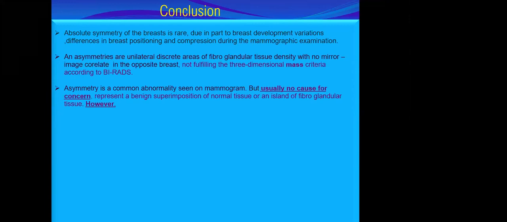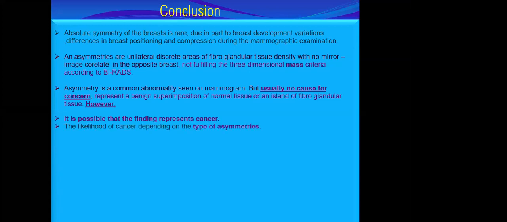Asymmetry is a common finding seen on mammogram, but usually not a cause for concern, representing benign superimposition of normal tissue, islands of fibroglandular tissue. However, it is possible that the finding represents cancer.